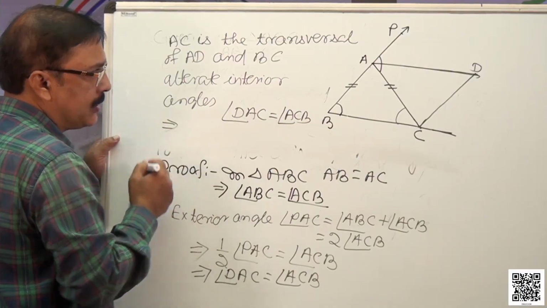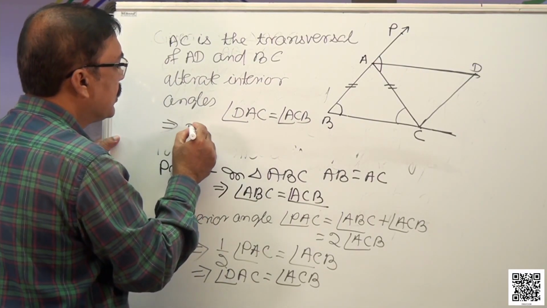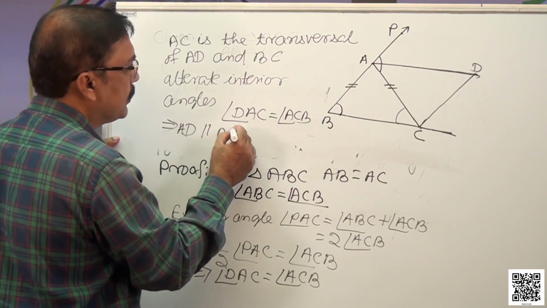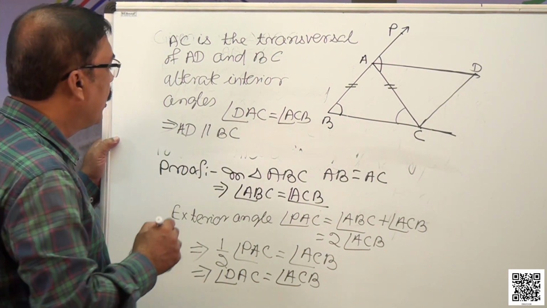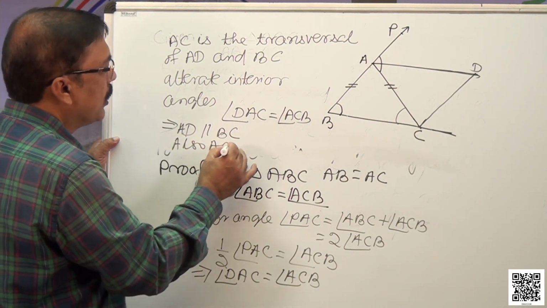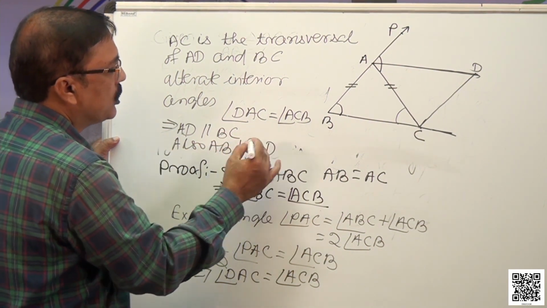So this implies AD is parallel to BC. We have also given that AB is parallel to CD.